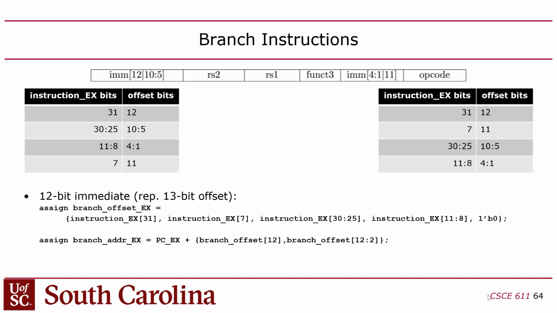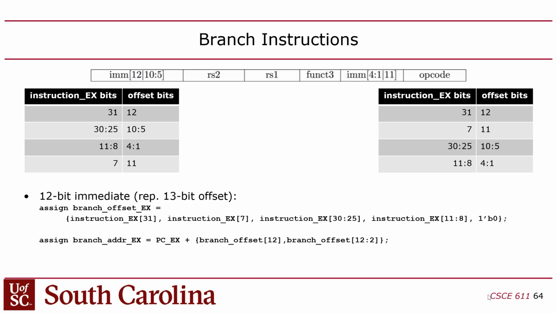And then you pick up bits 10 down to 5 up here, which is bits 31 down to something. And then you go back down here and get the rest of the 4 bits. So this table gives you which instruction bits map into the offset bits. And this table does the same thing, except this one is sorted by the instruction bits, and this one is sorted by the offset bits.